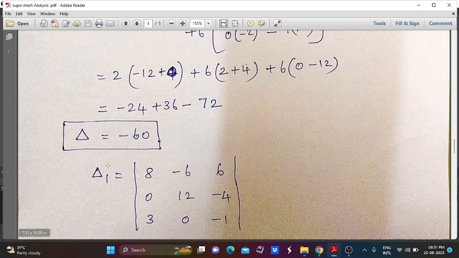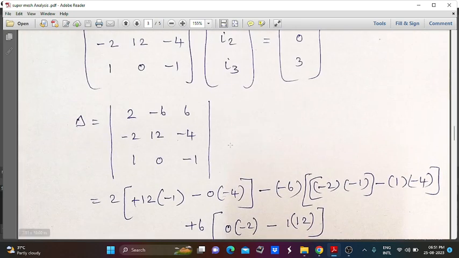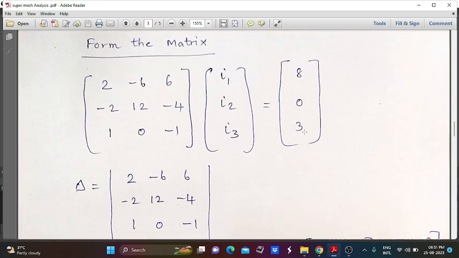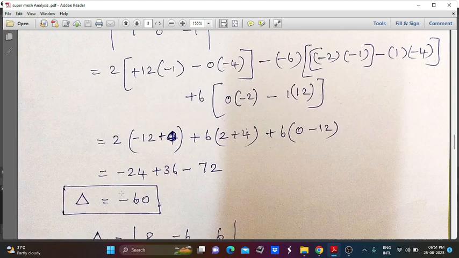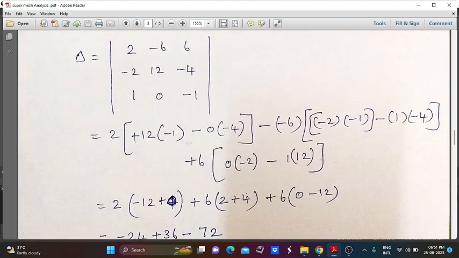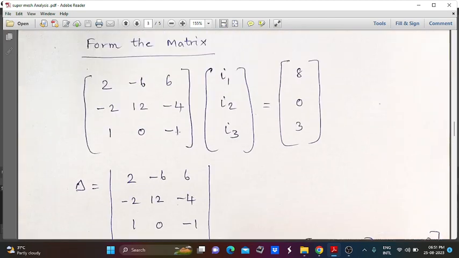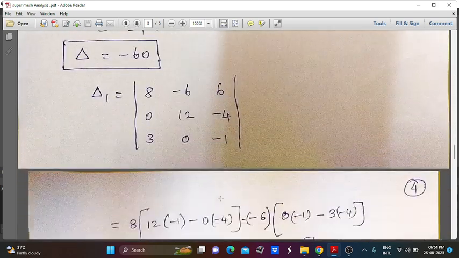So after that we have to find del 1. Simply we can say this del 1 can be equalized to del I1 also, because we need to find the I1. So for that we have to find del I1 or del 1. Here the right hand side voltage values 8, 0, 3 can be put in the first column of this matrix, and the remaining two column values are retained as they are in this del 1.